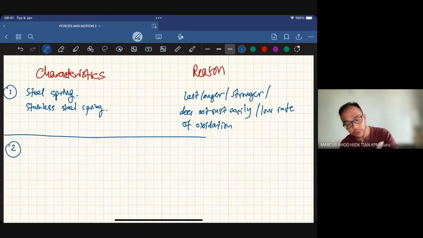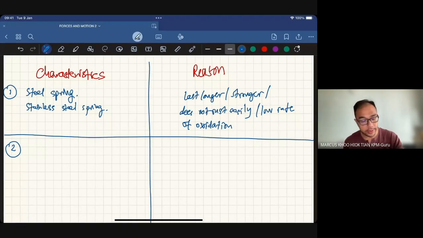Number 2 is you want a spring that is short. Not too long, because too long means it's too elastic and not good. So a short spring. Usually a short spring is related to the spring constant, so high spring constant.